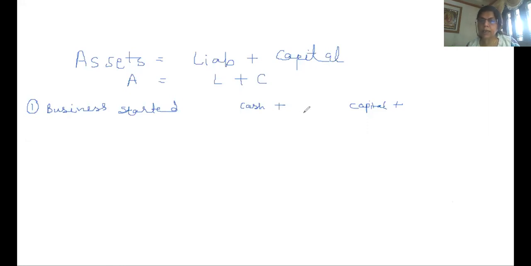And it is capital, that's why capital increases. Then next transaction, additional capital introduced. The businessman can introduce additional or extra capital, then no problem. Same, cash plus, capital plus.